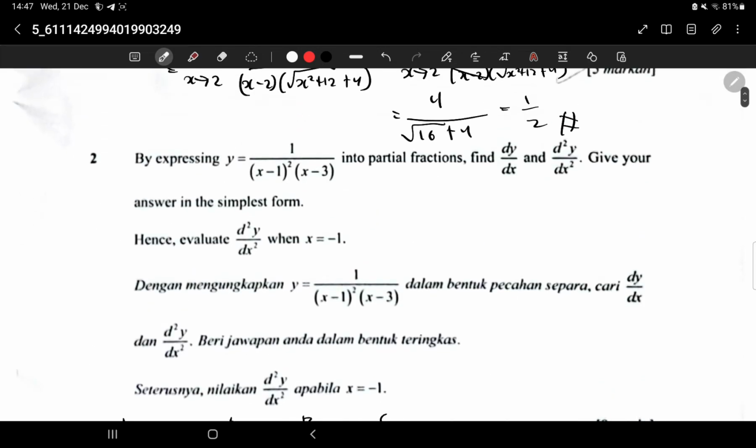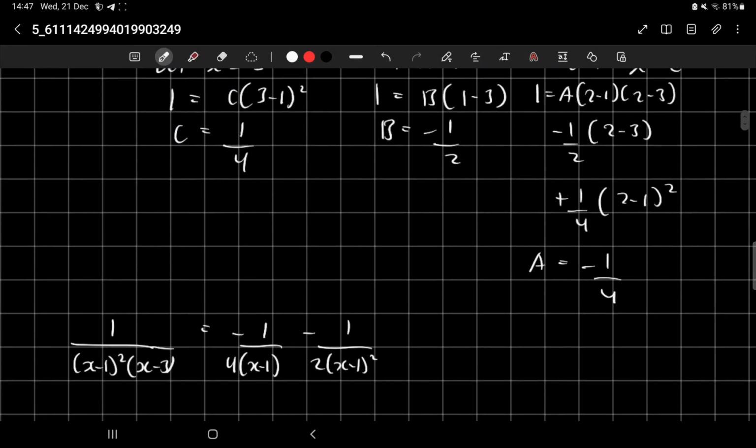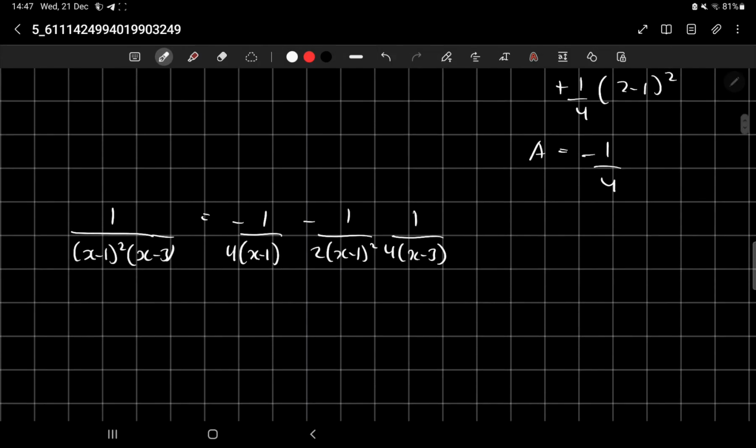And then for our c would be 1 over 4 (x minus 3). So here are the values of it. Okay, so far so good.